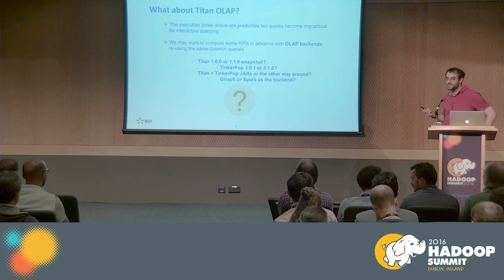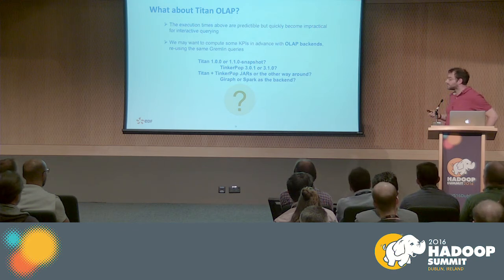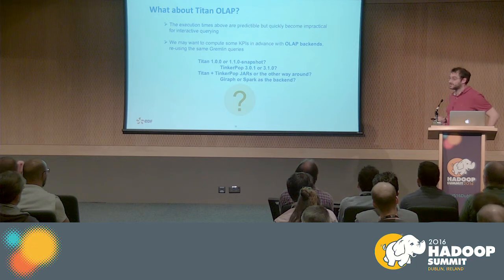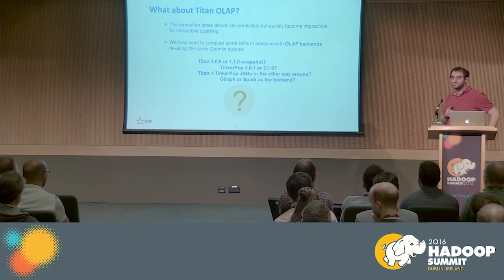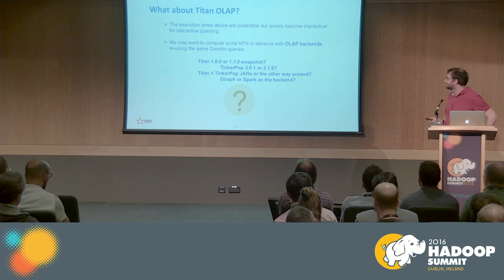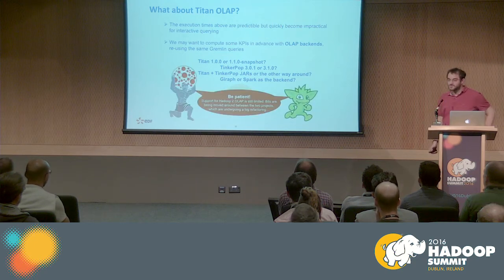And even if we could make this work, we had another choice to make, which is, are we using Giraph or Spark backend for Titan OLAP? I hope it's still understandable because it's very complicated, actually. And basically, we couldn't make it work. Our understanding is to be patient.